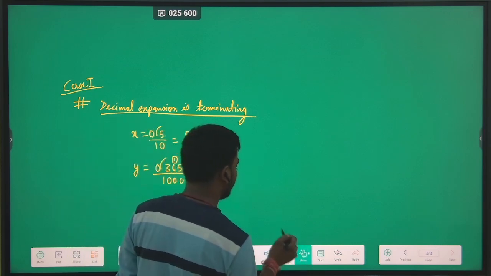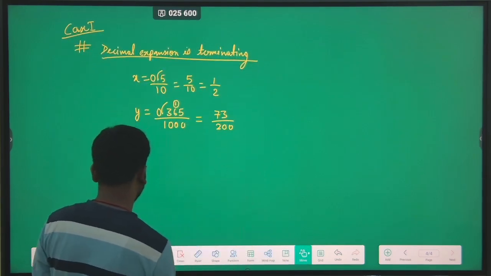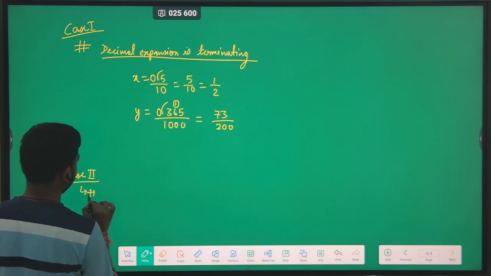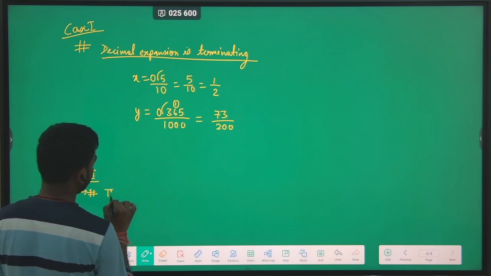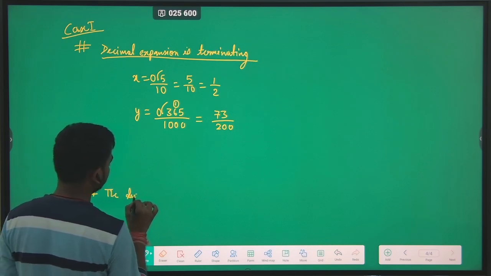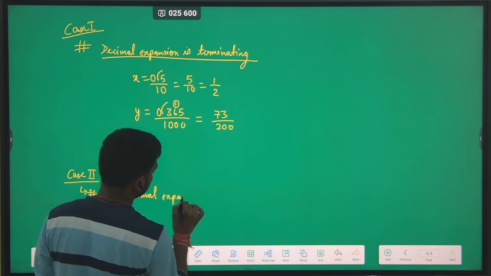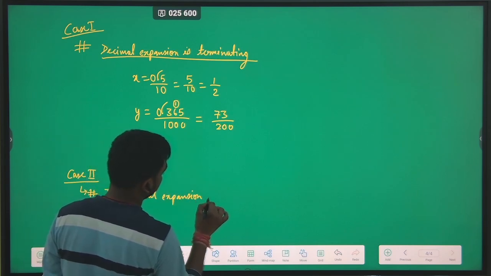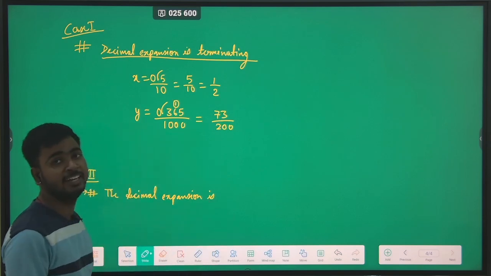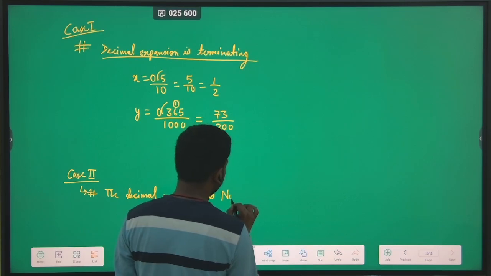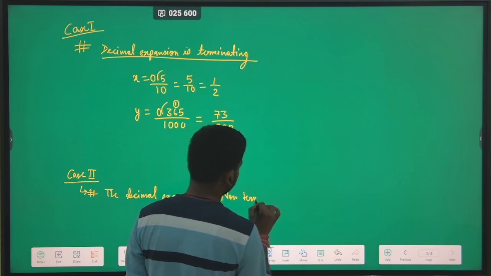Now we will move toward our case 2, that is the decimal expansion is non-terminating and recurring.